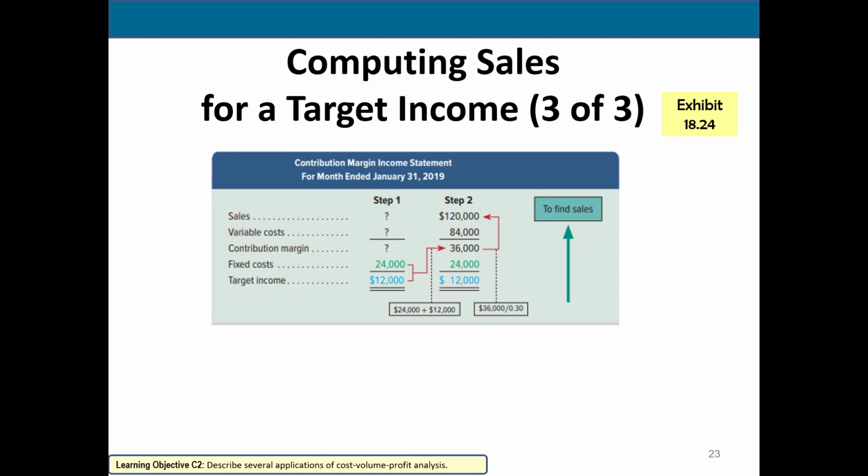So we take $120,000 minus $36,000, which means our variable costs are $84,000. So this shows you a different way of computing it so that you can determine the dollar sales needed to earn a target income of X amount.